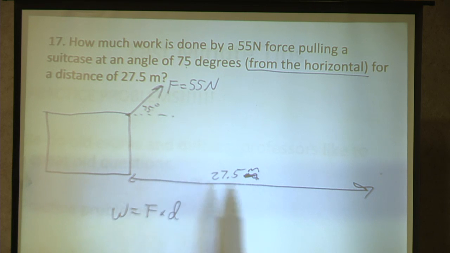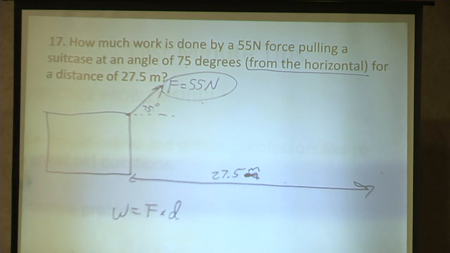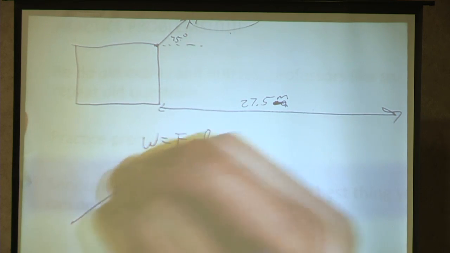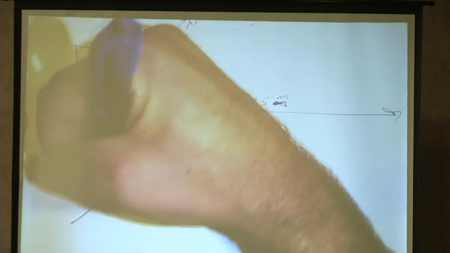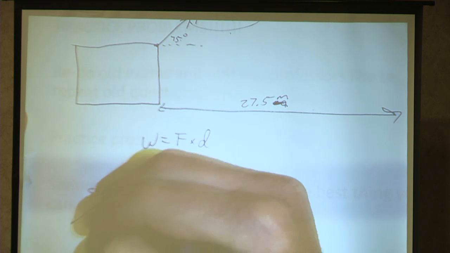You're moving it 27.5 meters in the x. So that force that you're pulling with also needs to be in the x. So we need to break this 55 newtons up into x and y components. So I'm going to move down here. We know that's 55 newtons. And it makes this angle of 75 degrees.